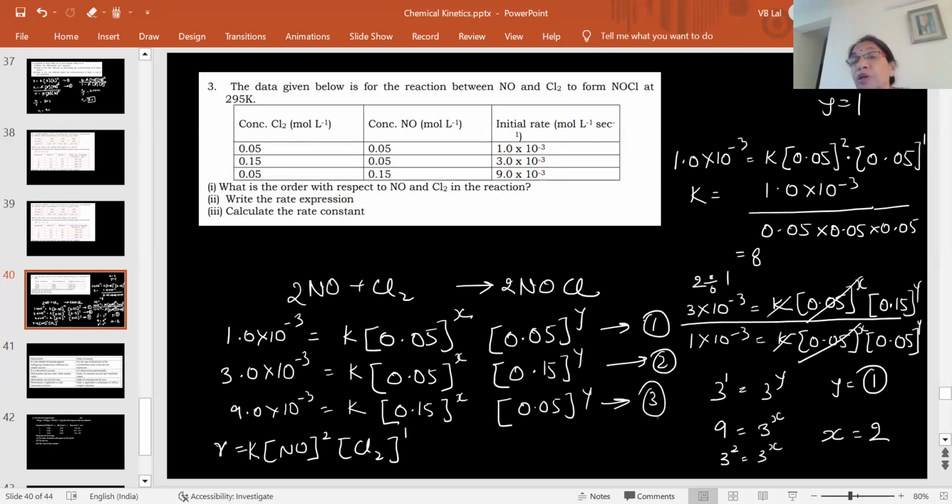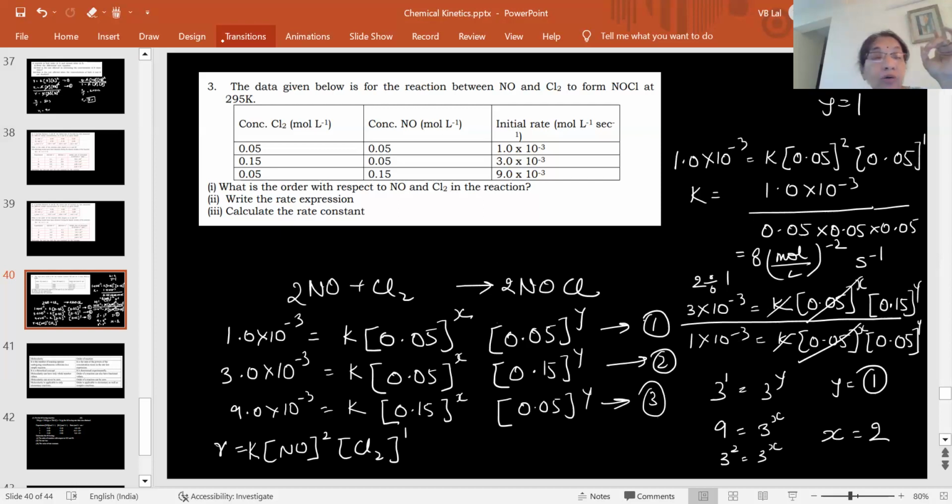So what will be the unit of K? It will be mole per liter raised to 1 minus n, so 1 minus 3, seconds raised to minus 1. So 1 minus 3 is how much? It is minus 2. So mole per liter raised to minus 2 and second raised to minus 1. That will be the answer.